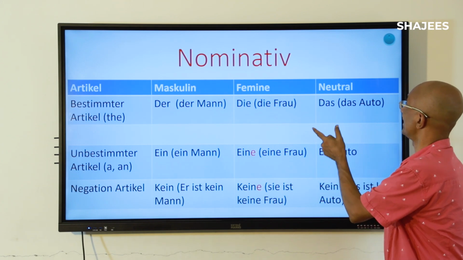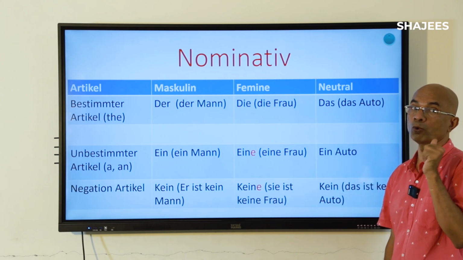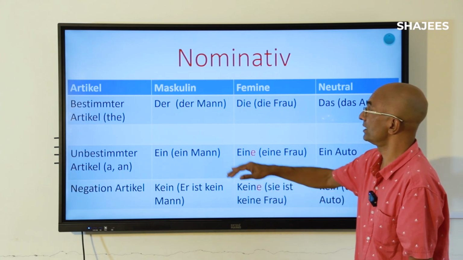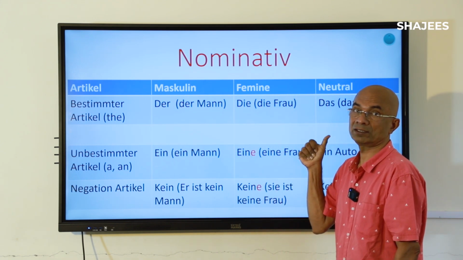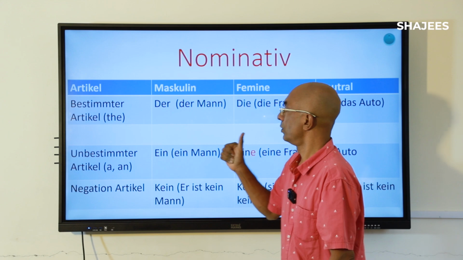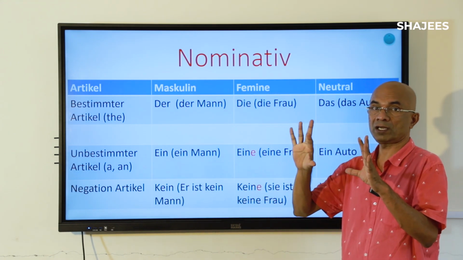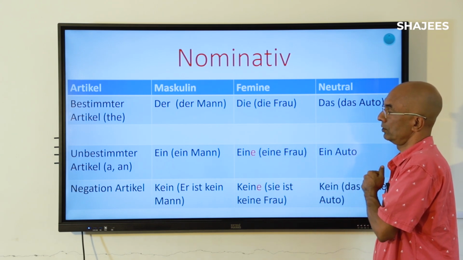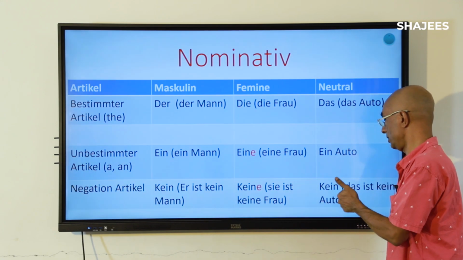Then we have neutral, that's das Auto. Okay, that is der, die, das. Unbestimmte article we have ein, that is a, eine, ein. Negation article we have keine, kein.